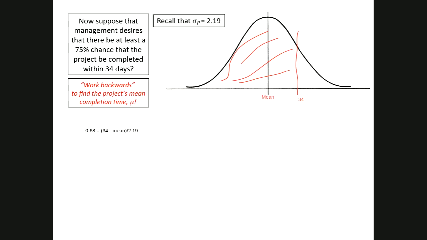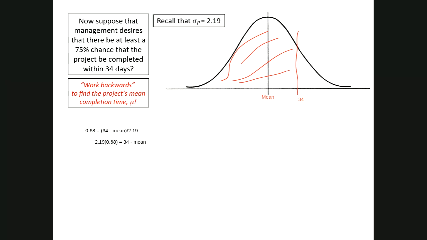All right. And then the next step is I'm going to subtract 34 from both sides. So on the left side is minus 34 plus 2.19 times 0.68, and that's going to be equal to the negative mean.